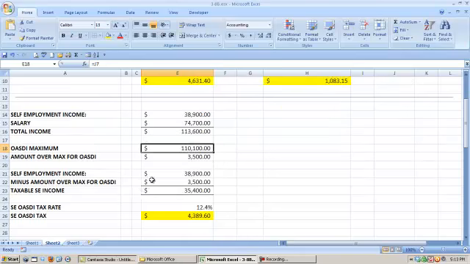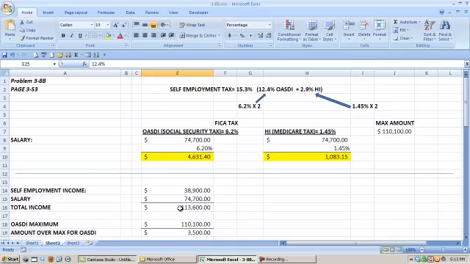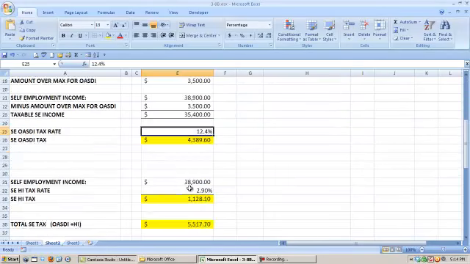Now we've established how much of it is taxable self-employment income for OASDI purposes. So we simply multiply it by the percentage. Remember, if we go back up top here, 12.4%. We just ask how much of this self-employment income is subject to Social Security tax?